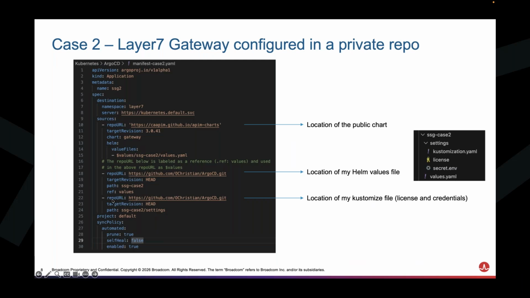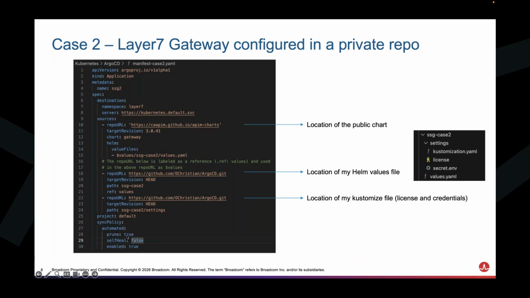And the last source is basically my Kustomize file, where I have my configuration for the license and the credentials, so the SSG secret and SSG license. Also here, contrary to the first use case, I define a sync policy where I say it's synced automatically, and I have a prune status.